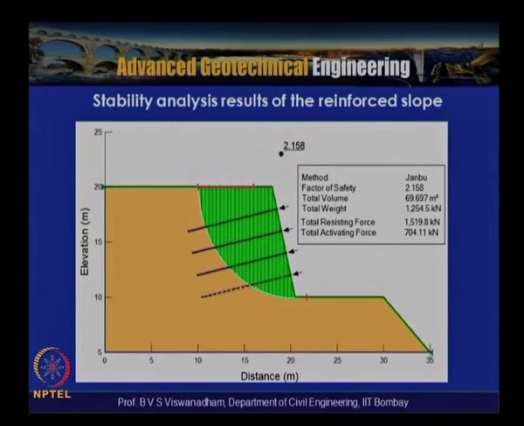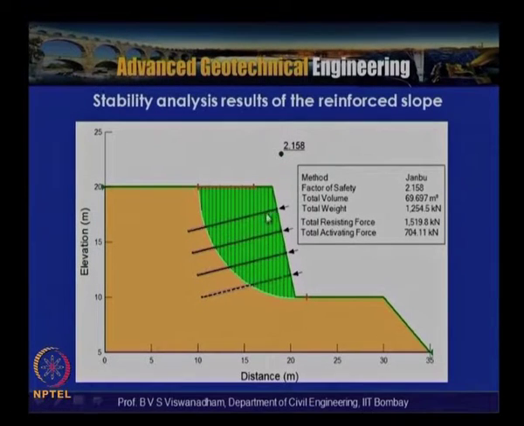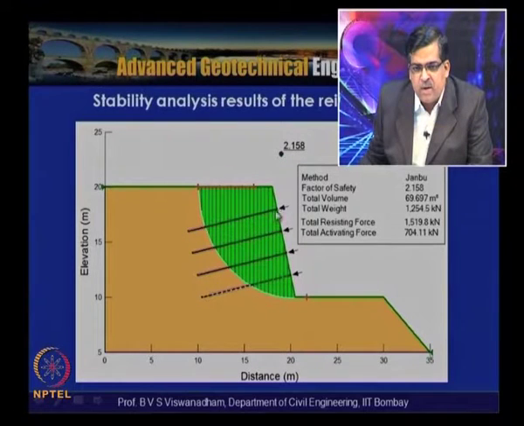Now the stability analysis results of the reinforced slope are shown, where it can be seen that nails inclined at 12 degrees are placed at a distance of 1.5 meters in vertical direction. These are the lengths of the nails, that is 9.7 meters, with a 0.35 meter diameter grouted body, and this is the slip surface obtained.